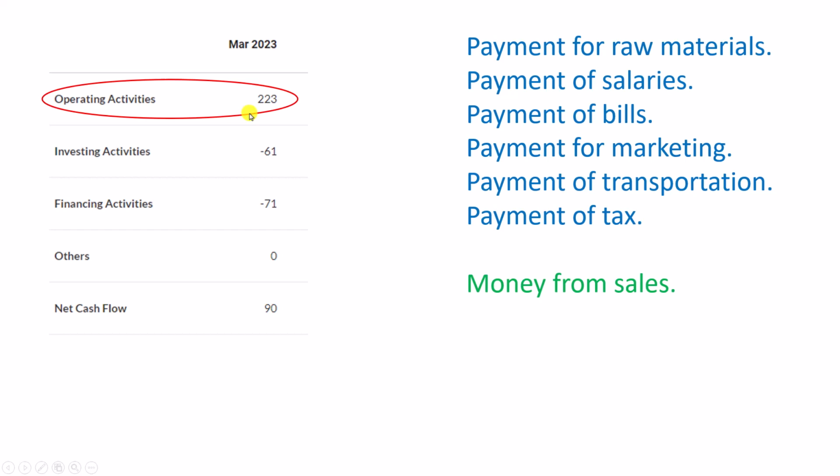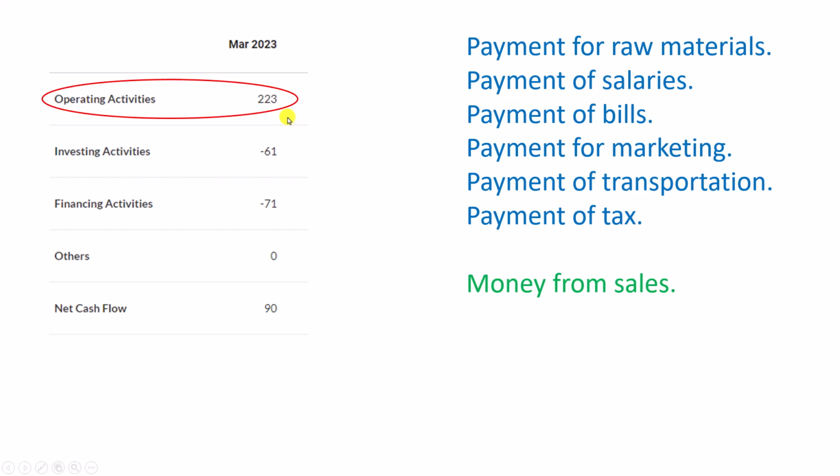The amount involved in manufacturing the tractors and selling them, along with the money that has come from sales, is this. Now let us try to understand in detail.